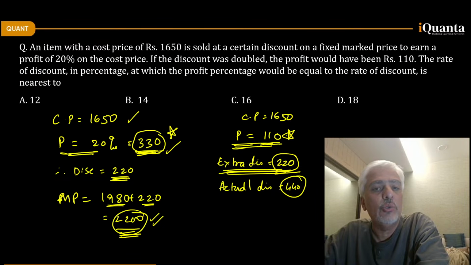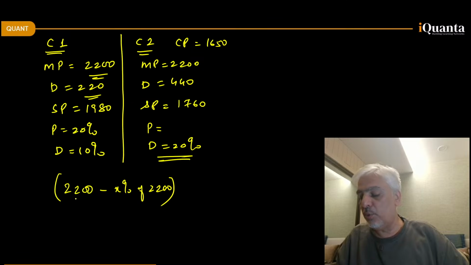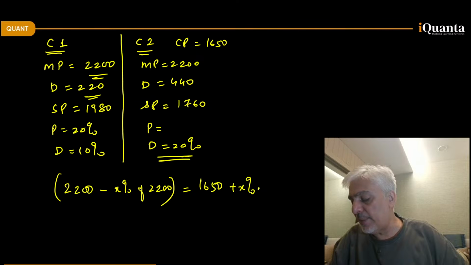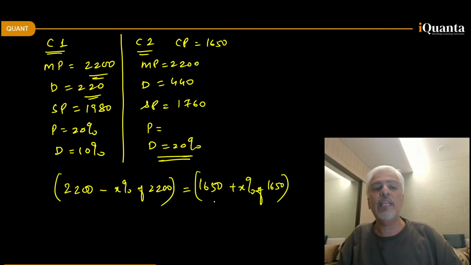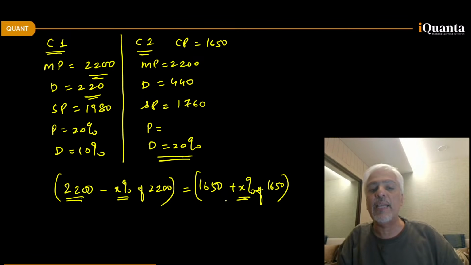Mark price is 2200. Please check. 2200 minus X% of 2200 becomes the selling price. Has to be cost price 1650 plus X% of 1650. This has to be our equation, because they want the discount percentage and the profit percentage to be same.